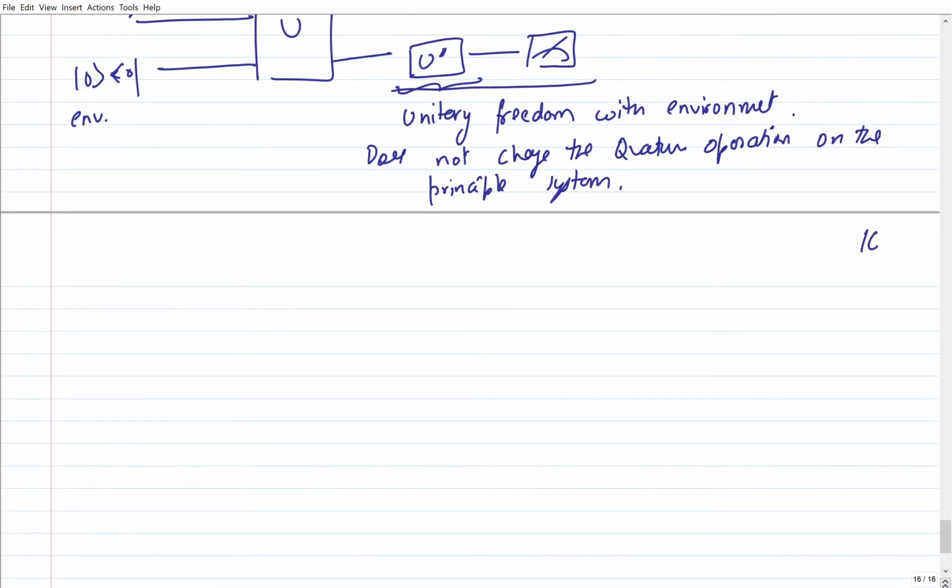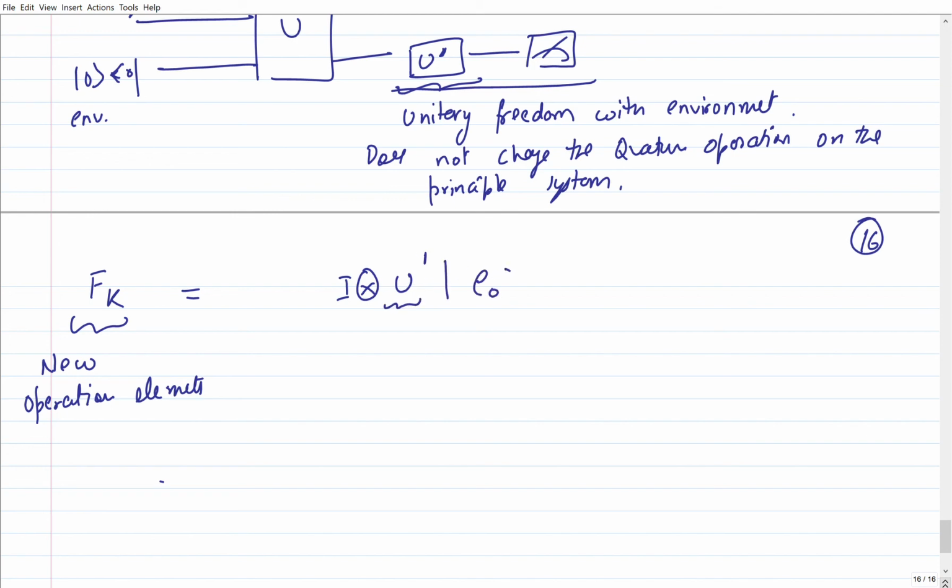And how does one capture that? Well, the new operation elements Fk are related to doing nothing on the system, some unitary on the environment, and then tracing out the environment as we do. And I can insert an identity here.